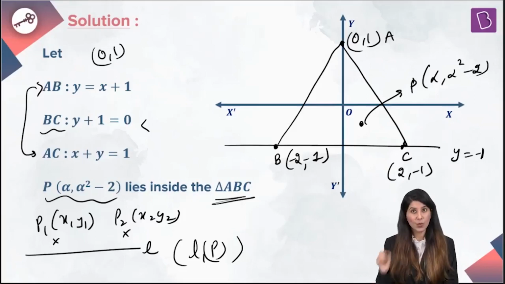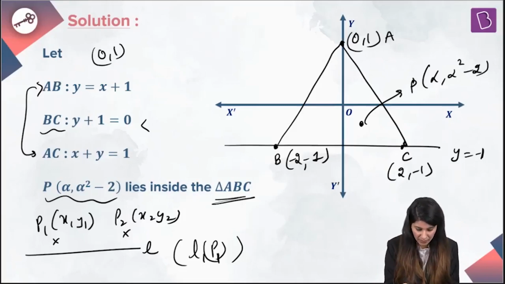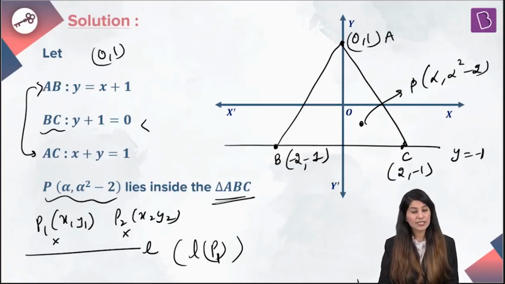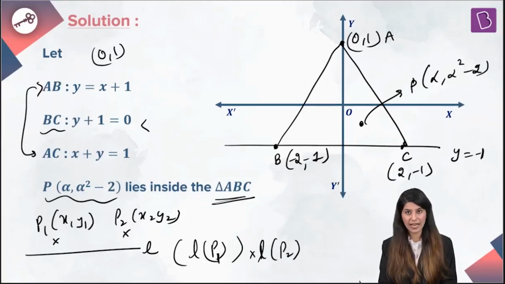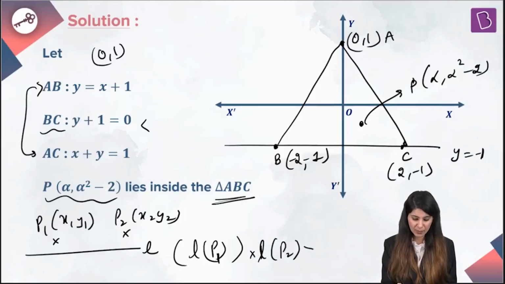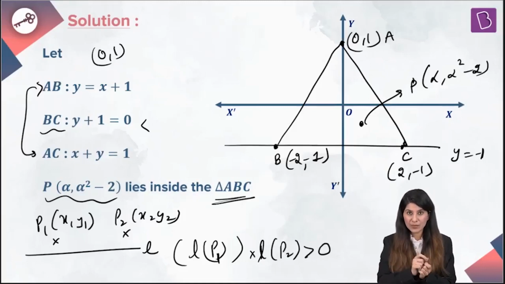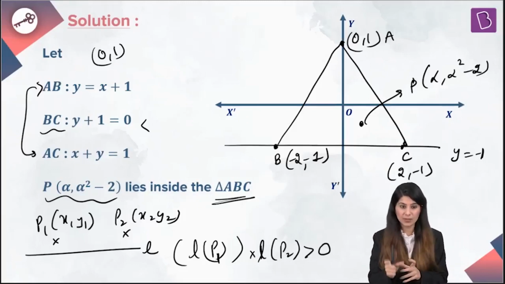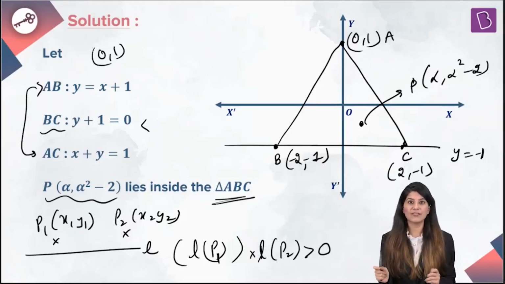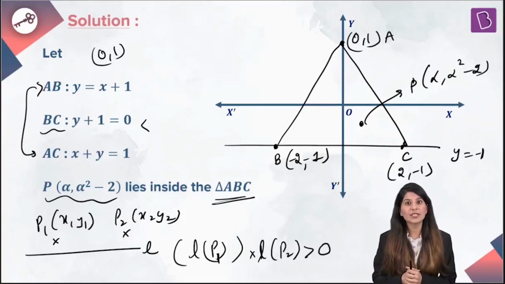So when both the points P1 and P2 are lying on the same side of the line, then the product of these two values, L1P1 and L2P2, will be positive. What is this? If you satisfy (x1, y1) on that line and you're getting a positive number, that means P2 will also give you a positive value. That means they are lying on the same side.